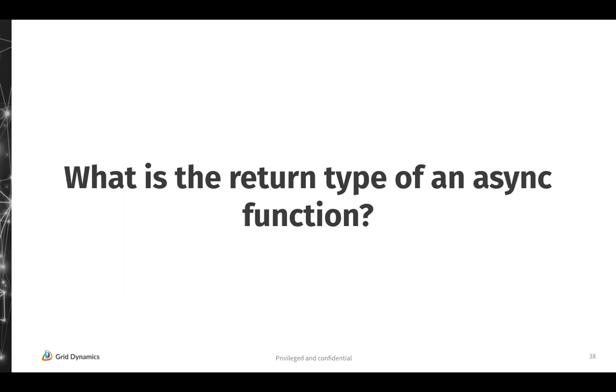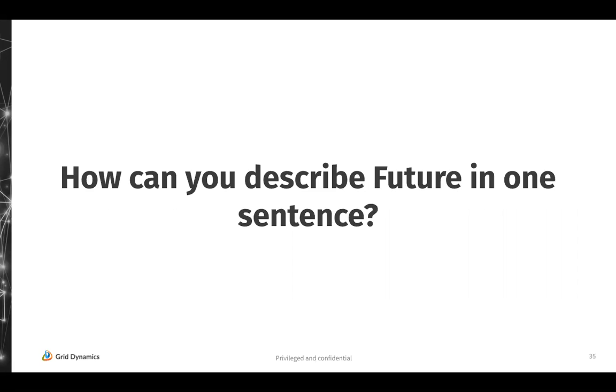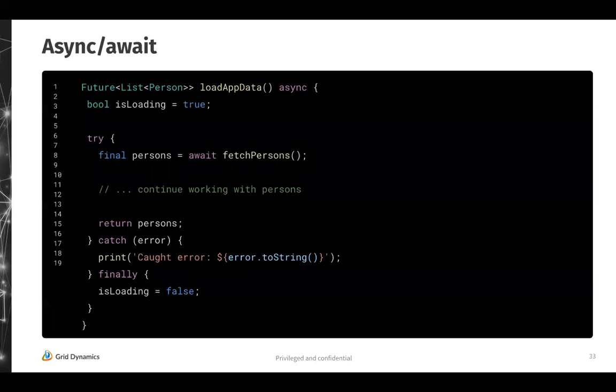However, the wrapping inside future happens implicitly. And I think I didn't pay enough attention to this. As you can see in this example, I return a list of persons, but anyway, it will be wrapped implicitly by future. So as a result, I'm actually going to return a future, which is the result with a list of persons. That is right. Thanks. Good.